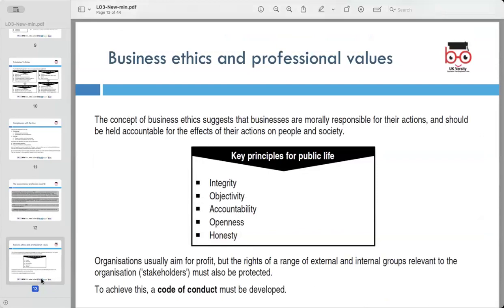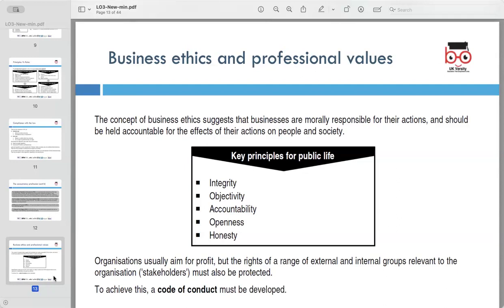Business ethics and professional values, key principles for public life. Business ethics and professional values entail the moral responsibility of business for their actions and the impact thereof on individuals and society. It underscores the importance of holding businesses accountable for their effects on various stakeholders.